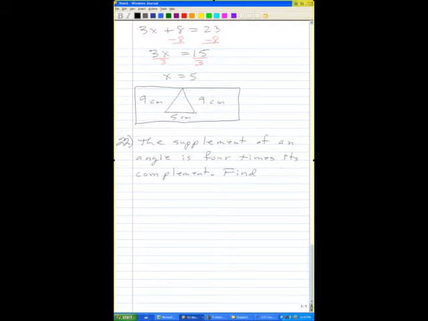Find the measure of the angle. We'll call the angle x.